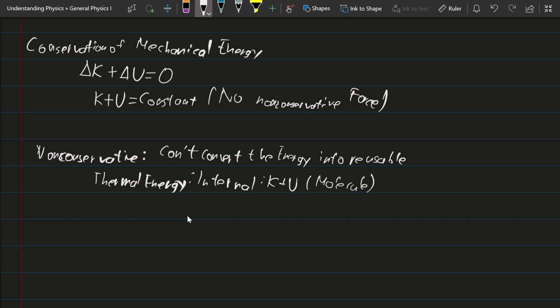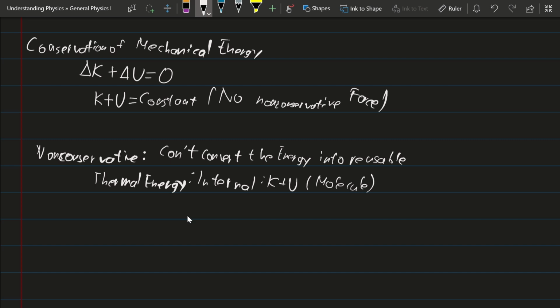And so you cannot really convert all of this kinetic and potential energy inside a molecule to be an energy of the system. So therefore, we would state this to be non-conservative because we cannot really use it again. This will later relate towards entropy, which we will later discuss at the end of the chapter.